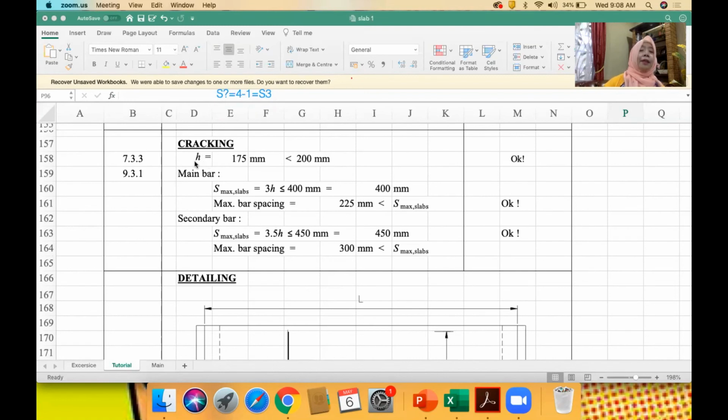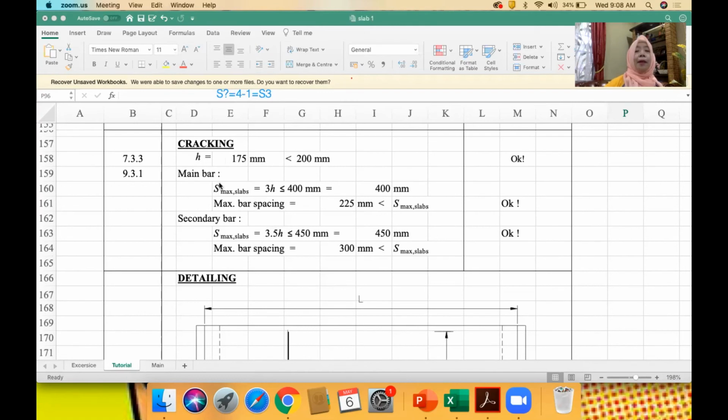Another one is checking the s max. Now our h is 175, less than 200. Therefore, we can use the guidance s max 3h here and 3.5h here as the method to control the cracking. If your h is 200 or more than 200, then you need to use another method.